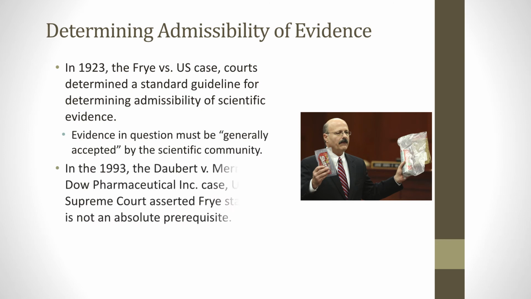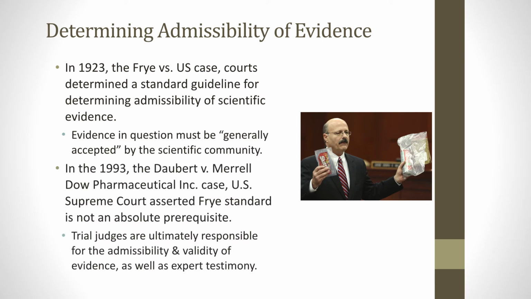In the early 1900s, there was a court case, Frye versus United States, and they determined the guidelines for determining the admissibility of scientific evidence. And basically what it landed on was, is this generally accepted by the scientific community as evidence, as concrete?